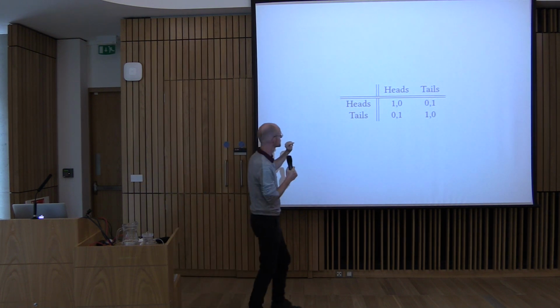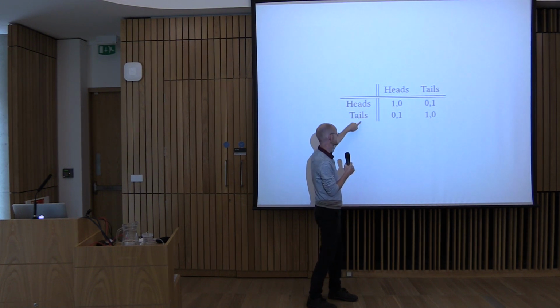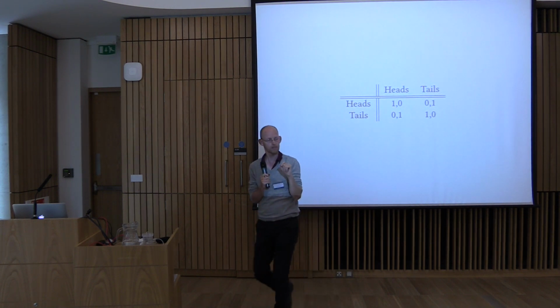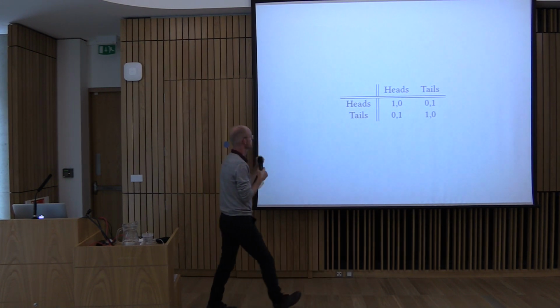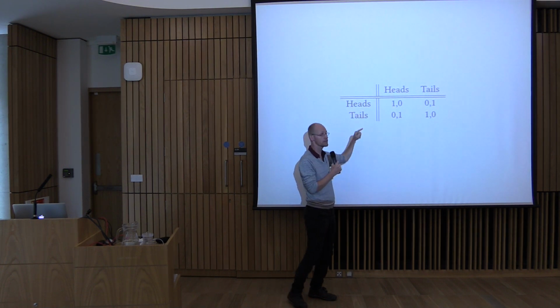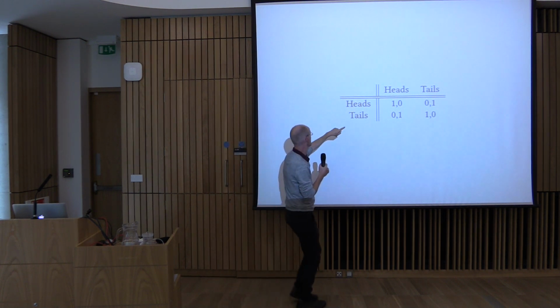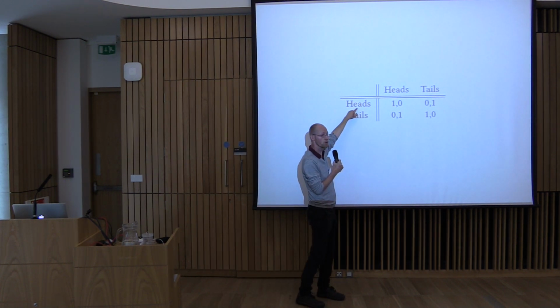But that result depends on saying that we don't just look at actions like heads and tails, but we look at all probabilistic combinations of all actions. So instead of just playing always heads or always tails, you also have an action saying, I play heads with probability 0.7 and tails with probability 0.3.